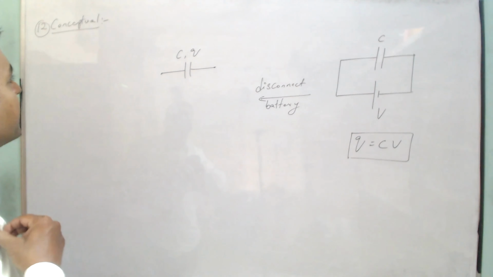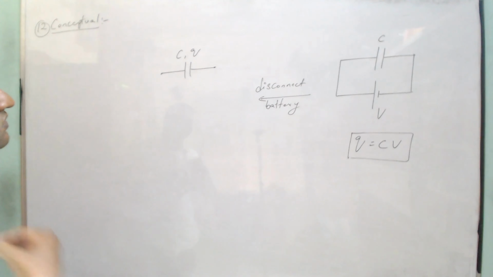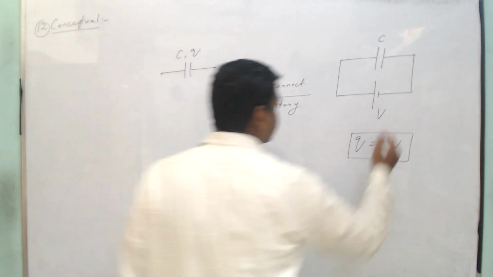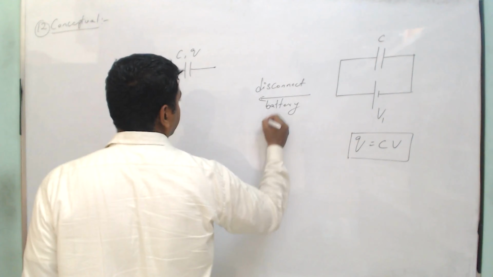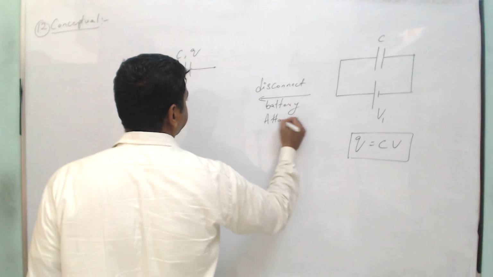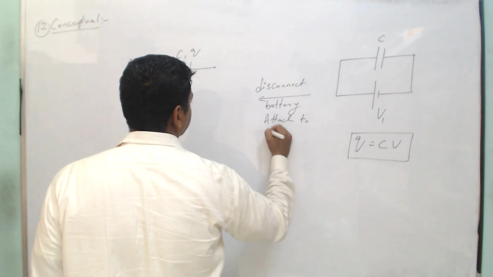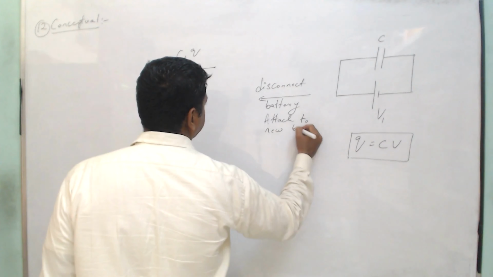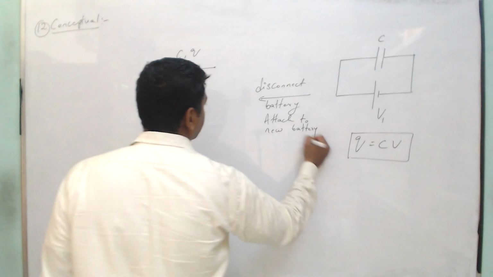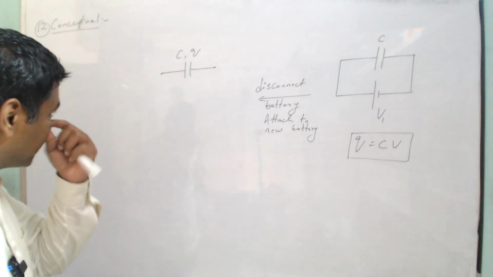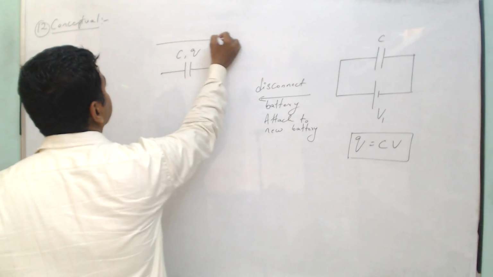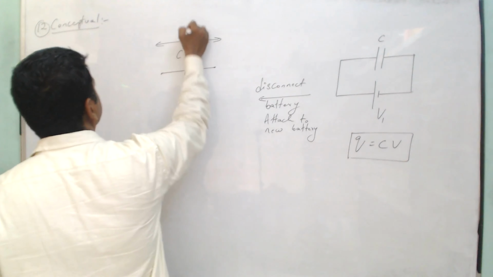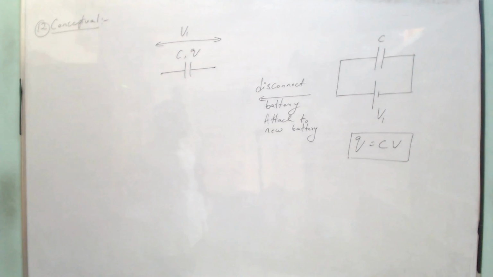Suppose I take this potential as V1. Disconnect the battery and attach a new battery. Till then the potential difference will be V1, even after disconnecting it from the original battery.